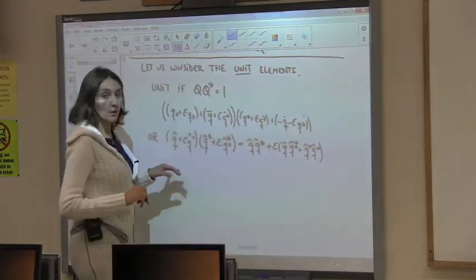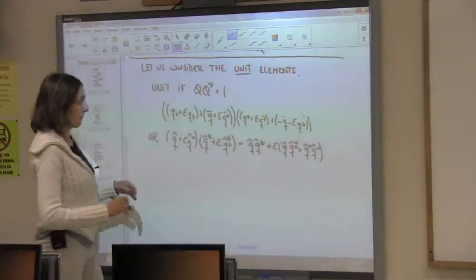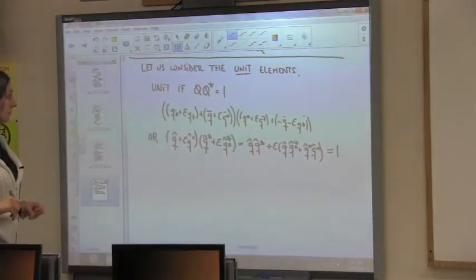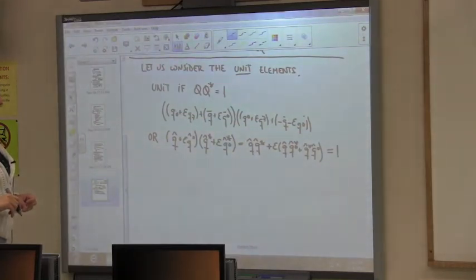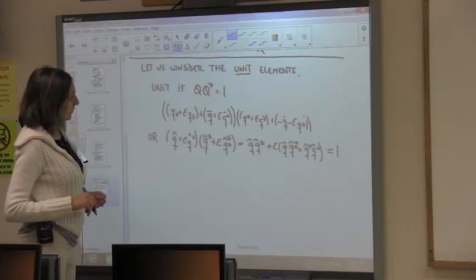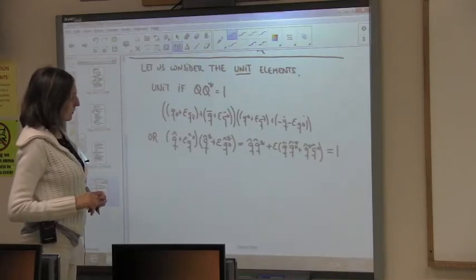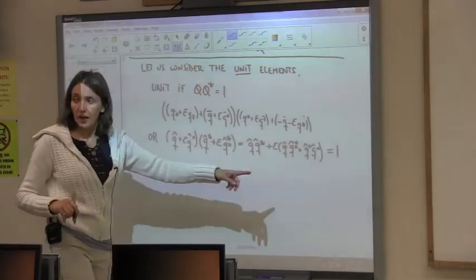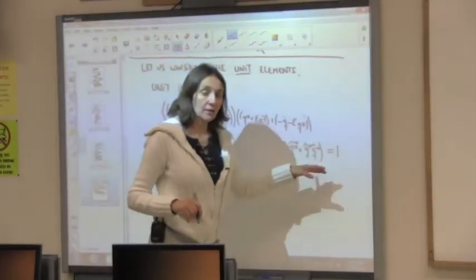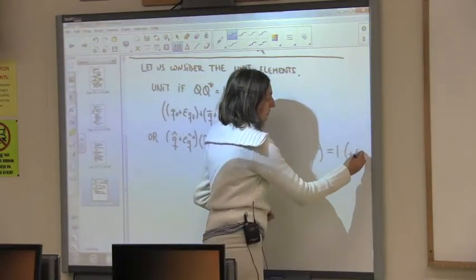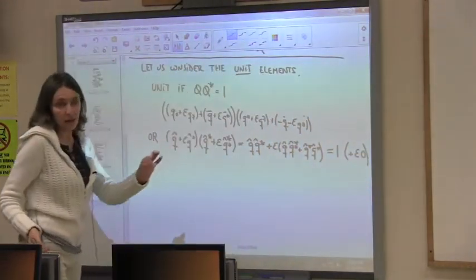Okay, and we want this to be equal to 1 in order to be unit. And when I write a 1 here, I mean 1 plus epsilon times 0, okay? There is only real part.